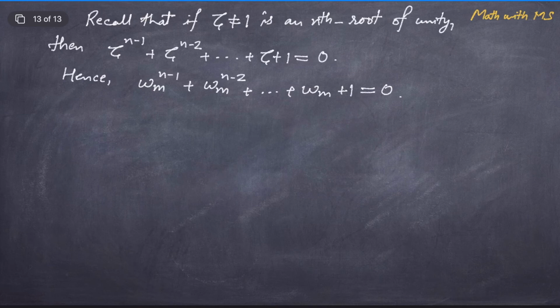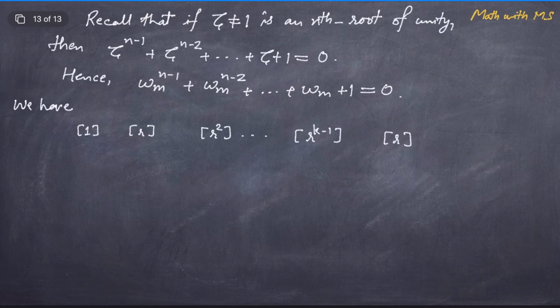So let us write down a part of the character table of the dihedral group D2n corresponding to the representation psi m. So we have the conjugacy class of the identity element, then conjugacy class of the element R, conjugacy class of the element R square, and so on, conjugacy class of the element R to the power k minus 1, and then conjugacy class of the element R to the power k, conjugacy class of the element SR, and finally conjugacy class of the element SR square.